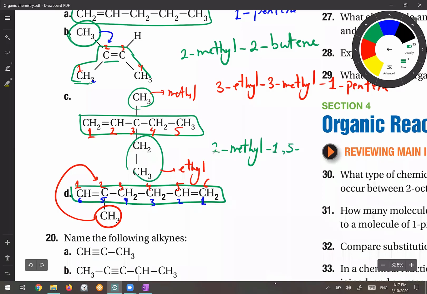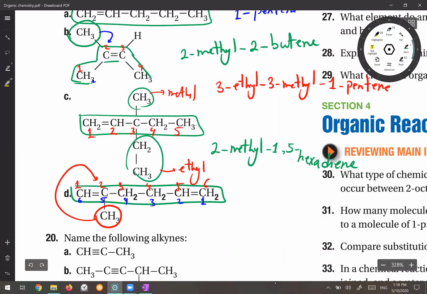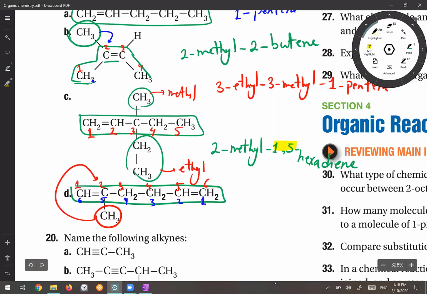You have 6 carbons, so this one is hexadiene. Hexa because you have 6 carbons, diene because you have 2 double bonds, and 1 and 5, which is in front of that, shows the position of these double bonds. So this was the naming of the alkene.